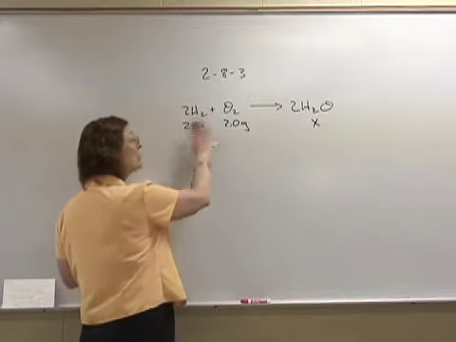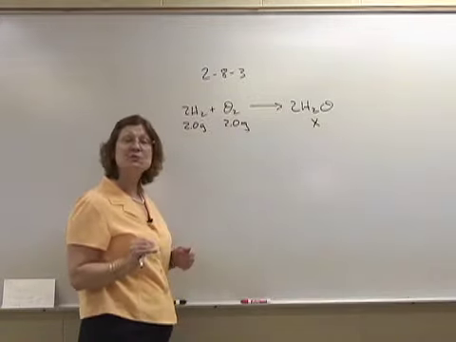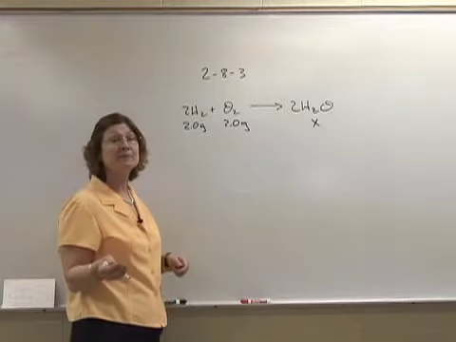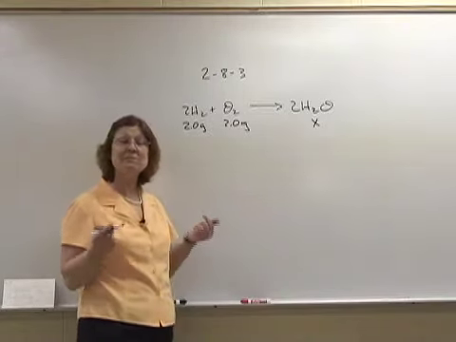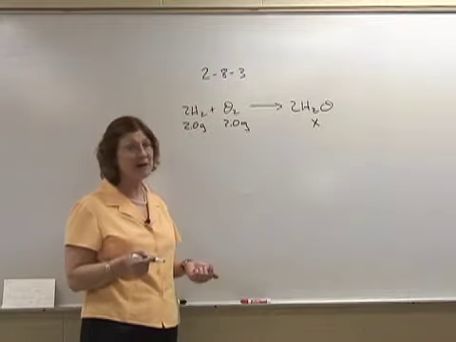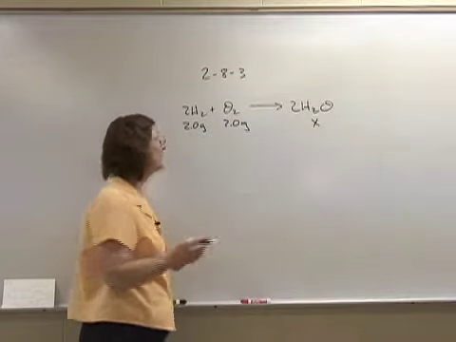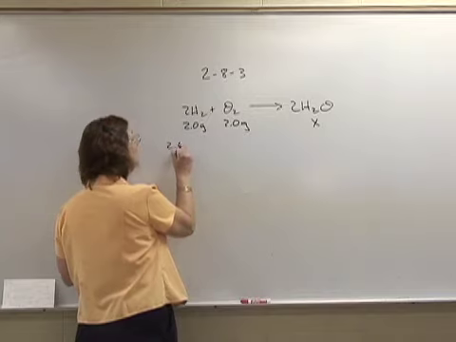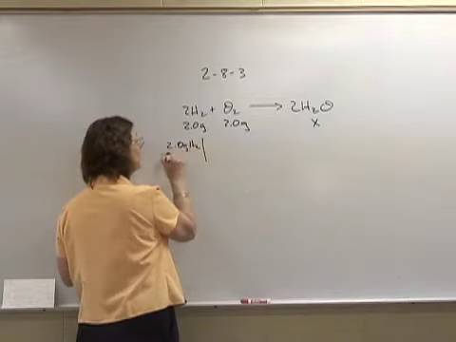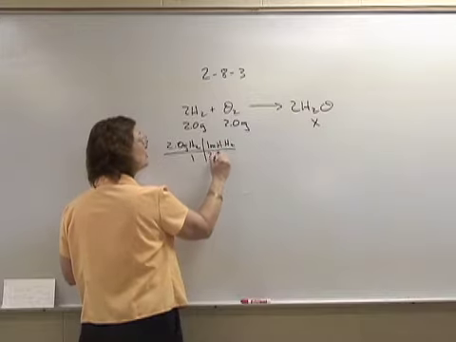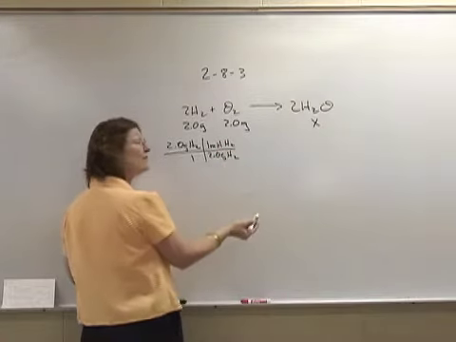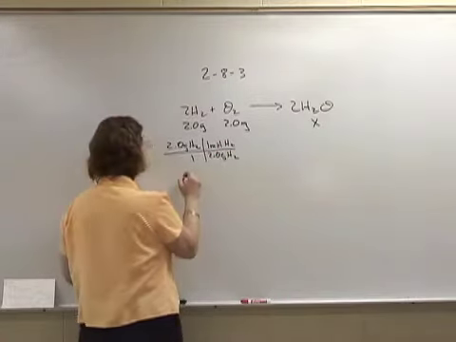And therefore, I don't know which one of these 2 is going to run out or if one will run out. Therefore, I must change them both to moles because I can only make a comparison between compounds as moles. And 2 grams of hydrogen, I change that to moles. 1 mole of hydrogen is 2.0 grams of hydrogen. Therefore, I have 1 mole of the hydrogen.